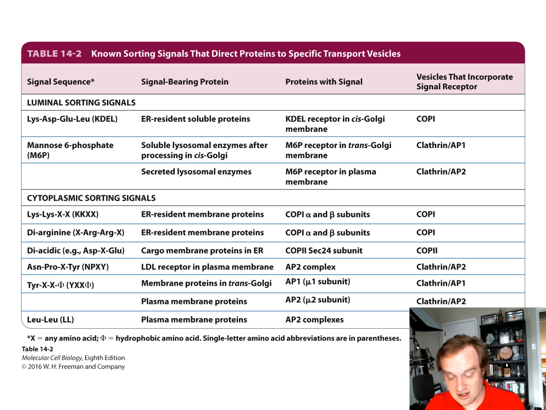I don't want you to memorize these, but just know that there are a lot of different signal proteins, because there's a lot of different places that proteins need to be trafficked to and from.